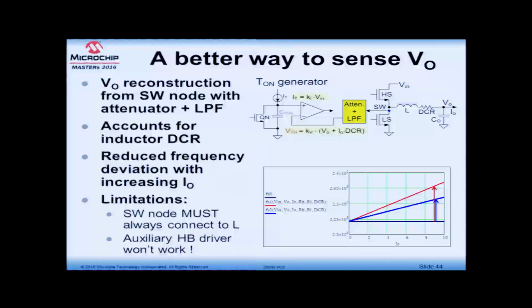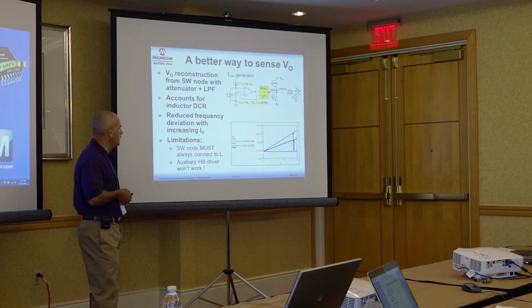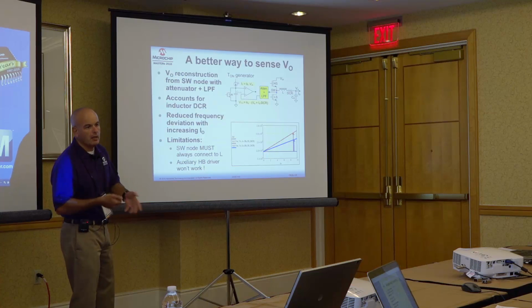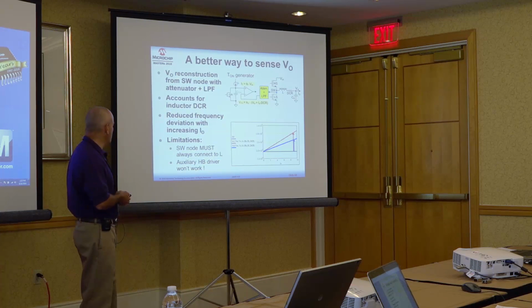The benefit of doing this is that now we are also accounting for the DCR of the inductor. That leads to a reduced frequency deviation as the load current increases. So instead of following the red curve, we are now following the blue curve. So we are gaining some percent in frequency stability over the load range.